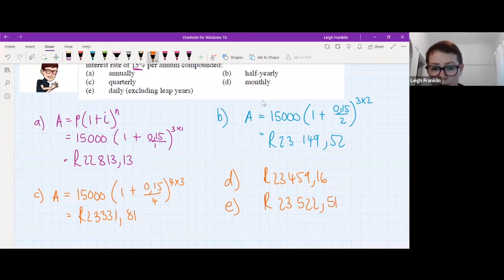I got 51 at the end. Am I wrong? Is it 50? Okay, but guys, the reason why it's 51, if you're looking at your calculators, can you see the decimal places? It's 23522.508. Okay, so if it's 508, then to 2 decimal places, it's got to be 51.